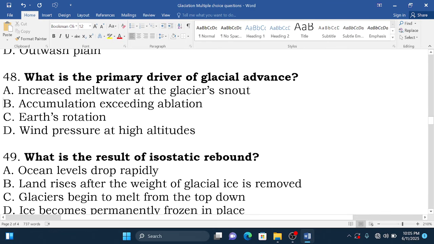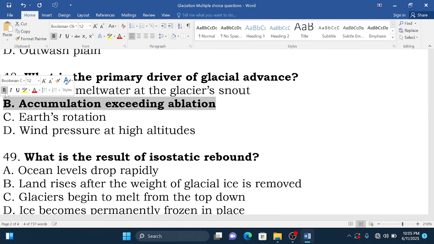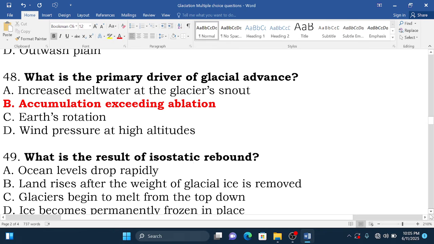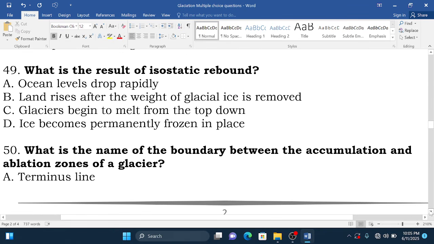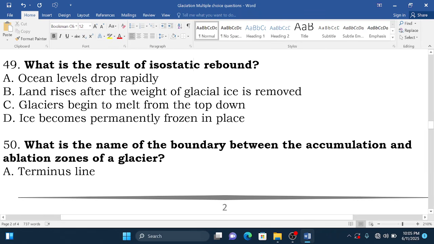We go on to the next question. The correct answer is B. We go on to question number 49. Question number 49 is asking, what is the result of isostatic rebound? A, ocean levels drop rapidly.